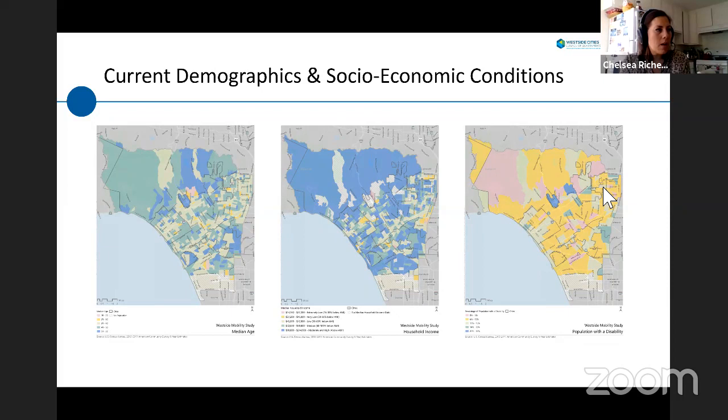The median household income shows some similar patterns, with the eastern part of the city of Santa Monica as some of the lower areas, and then the eastern edge of the subregion, as well as, of course, Westwood Village and the other college campuses. And then for the disability share, you can see some patterns on the Wilshire corridor, and of course in the VA area, and not a lot of other areas that really pop out, some along the eastern edge of the subregion as well.